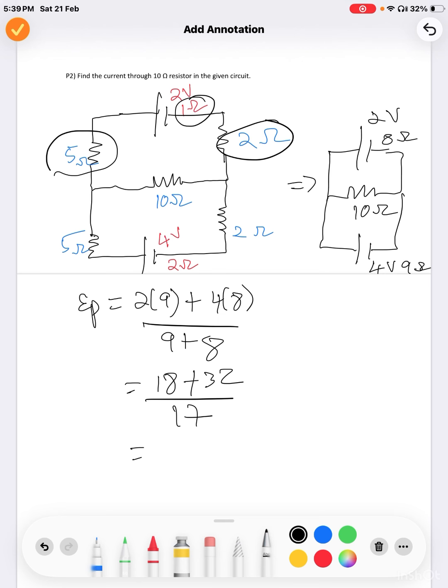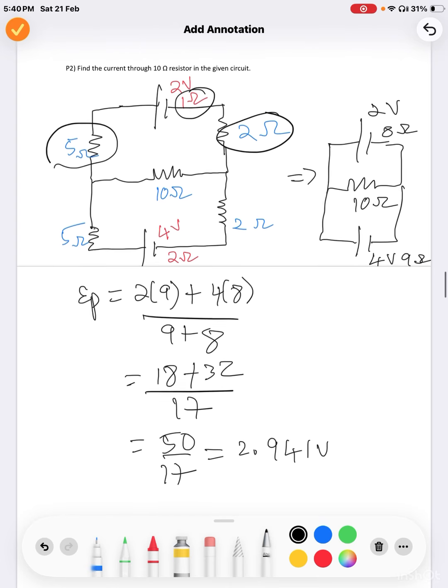So this becomes 50 by 17. What is 50 by 17? 50 by 17 is 2.941 volts.